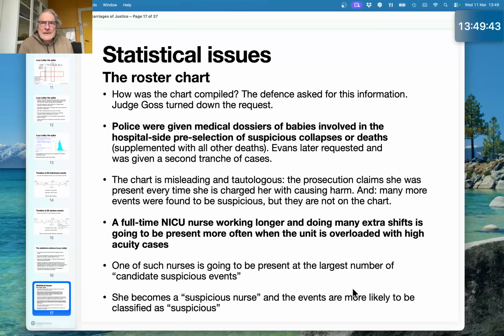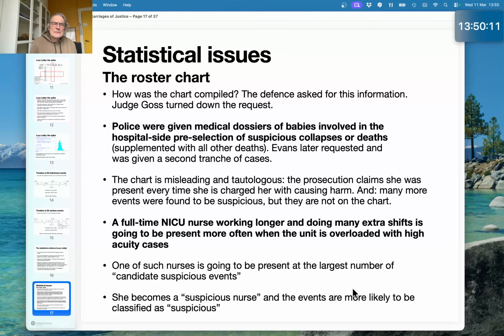And the RCPCH report had a lot to say about their poor running of that neonatal unit. The judge found all that irrelevant. The complaint was upheld. That was merely an administrative matter.